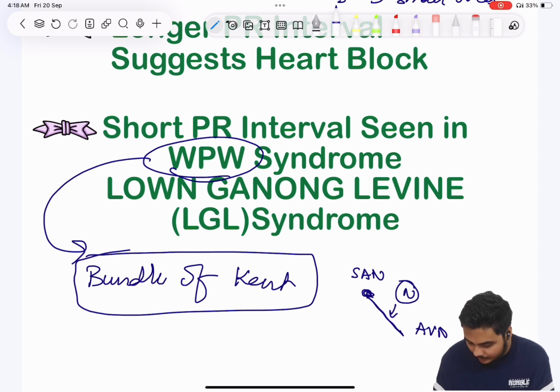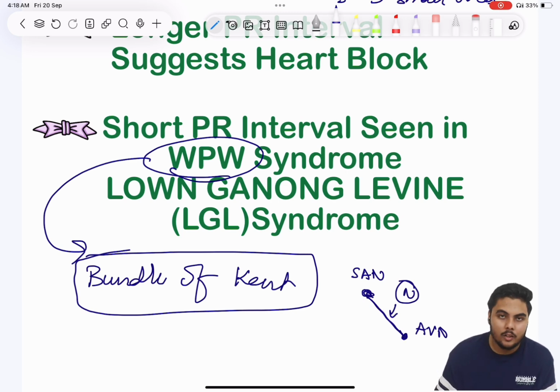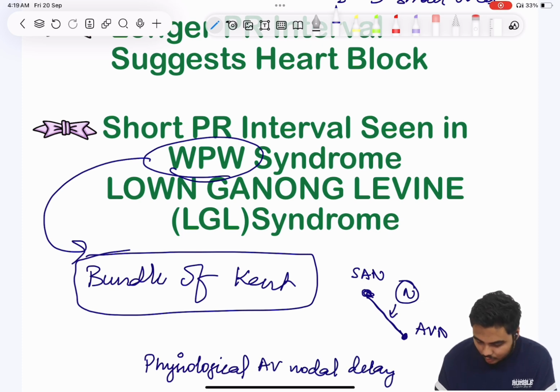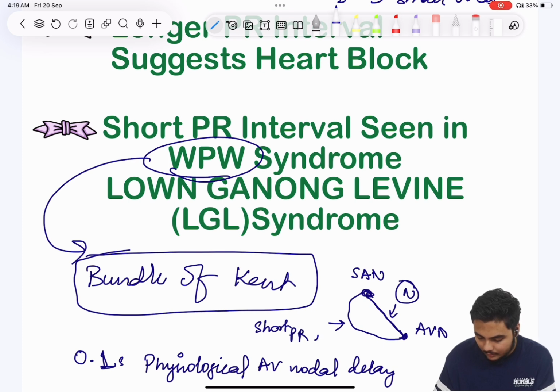The normal pathway has a 0.1 second latency, or delay, which we call the physiological AV nodal delay. But in WPW syndrome, in individuals with an accessory bundle of Kent, there is no delay in this pathway, as a result of which a short PR interval is seen. So this is what we call the bundle of Kent.